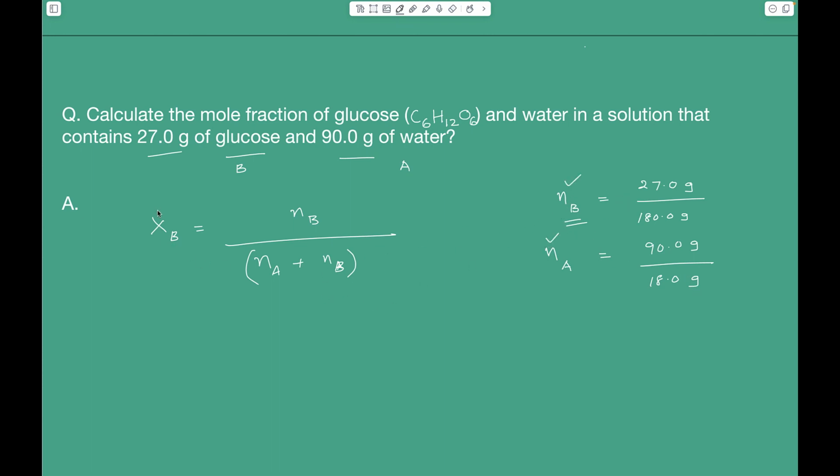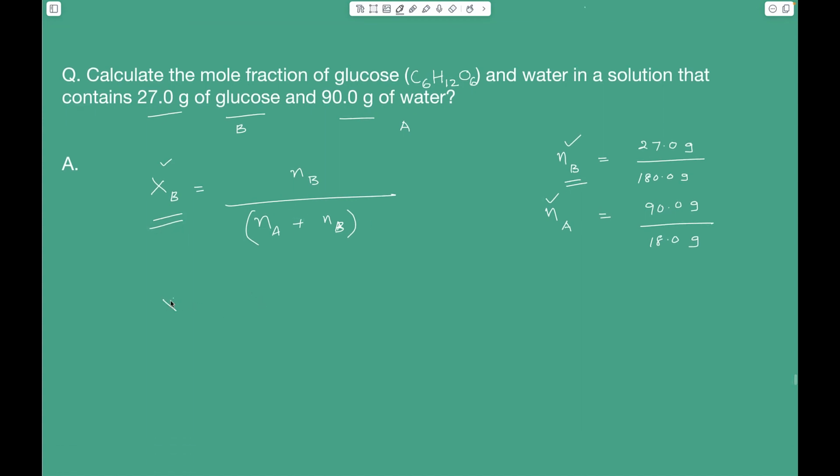Substitute these values in this expression and simplify it to get the mole fraction of glucose, Xb. Then how do you get the mole fraction of water? That is the mole fraction of solvent. You know that Xa plus Xb is equal to 1. If you know Xb, then Xa is simply 1 minus Xb.